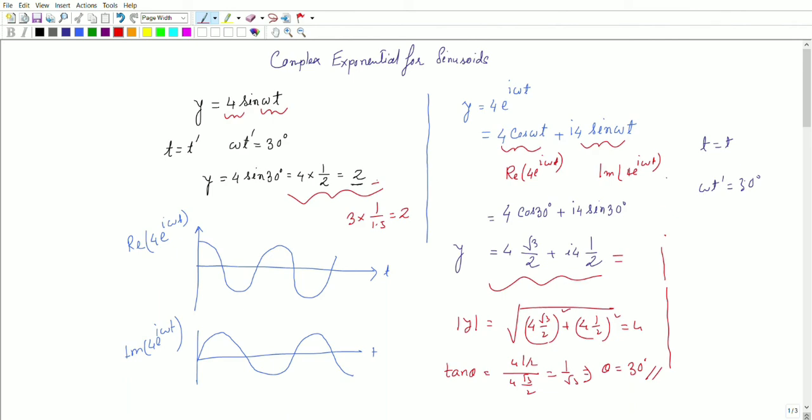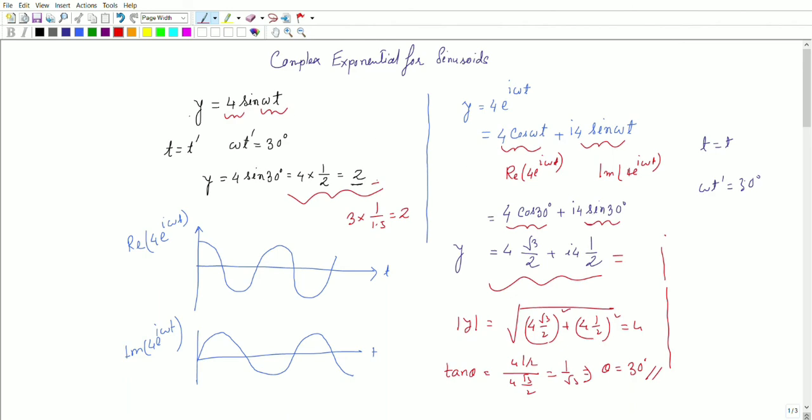Now see these two components: the real component and the imaginary component when the phase is 30 degrees.